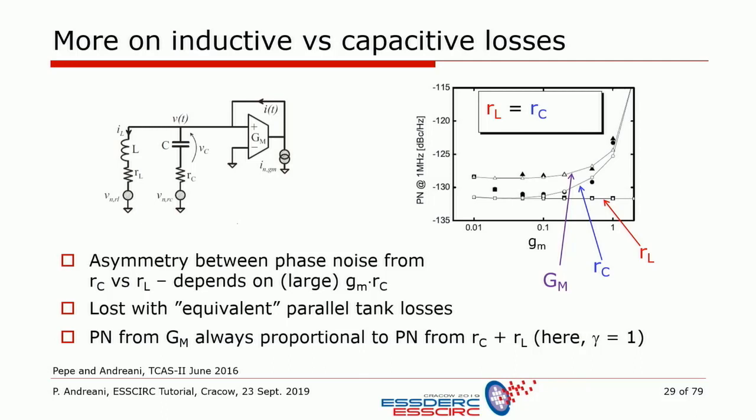So if the phase noise increases because of this effect from RC, it also increases from the active part of the noise. And if you want to look at the details, please refer to this paper here. Obviously, this effect is totally lost if you start by compacting everything into an equivalent parallel resistance.